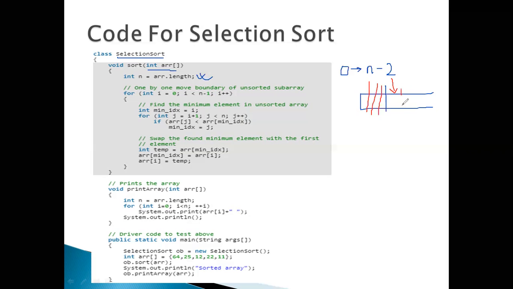So from the next index, that is from j equal to i plus 1 till the last position, we search in the array. If arr[j] is less than arr[min_index], so suppose we have an element over here which is less than the value present at min_index, what we do is we say that this value is our min_index.